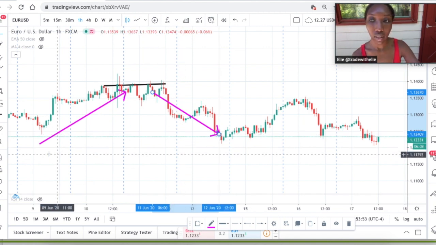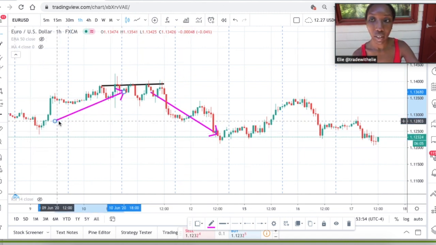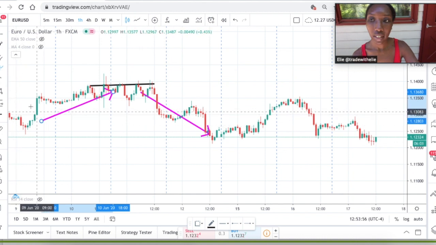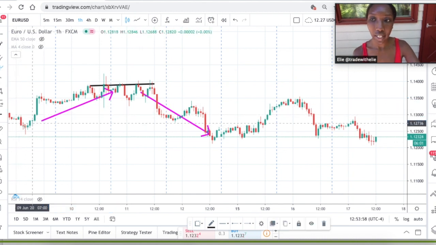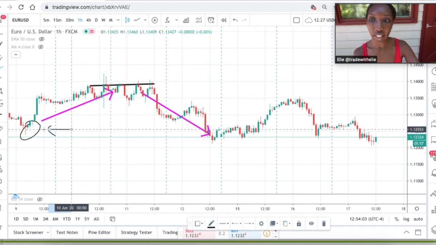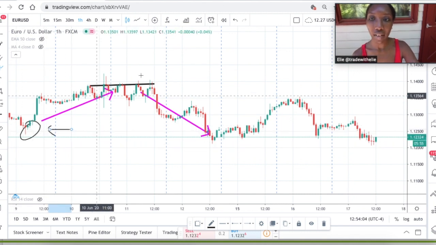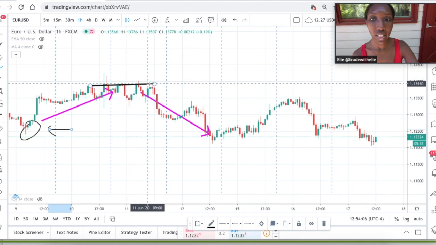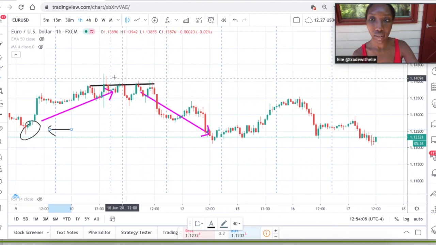This is the boomerang we're talking about. So if price starts right here, if price is currently here, and we have this sell limit placed right there.